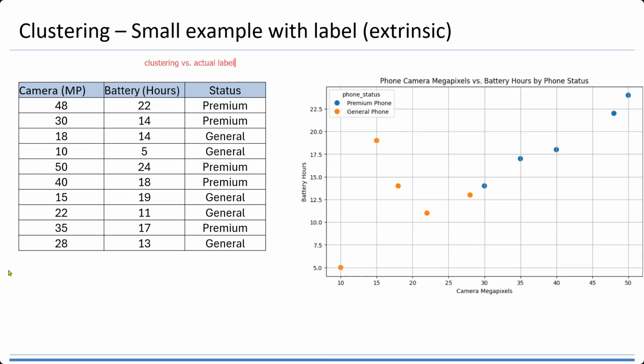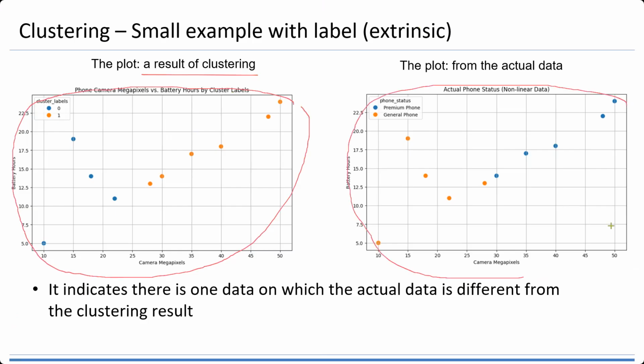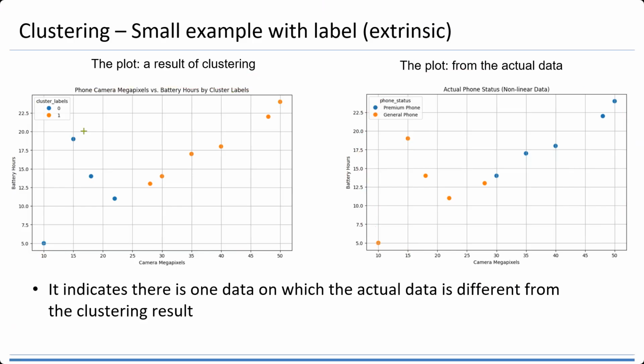Now, for example, after I do the clustering, this is the result of the clustering, and this is the result from the actual data. If you look at this one, the blue color, 1, 2, 3, 4, belongs to cluster 0 or class 0.